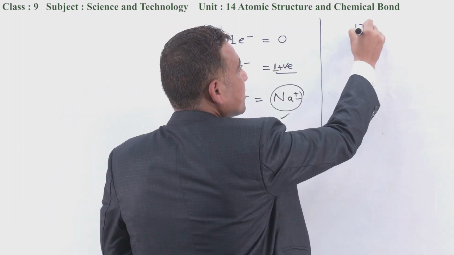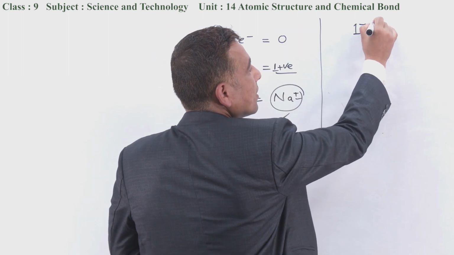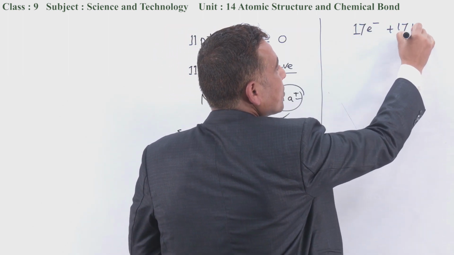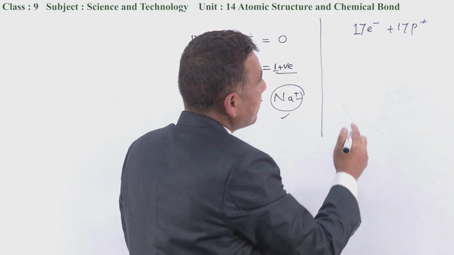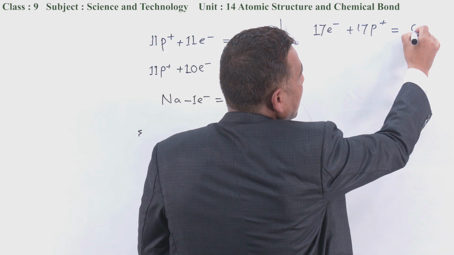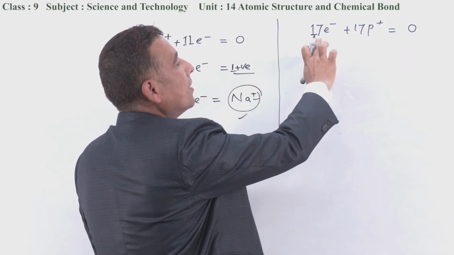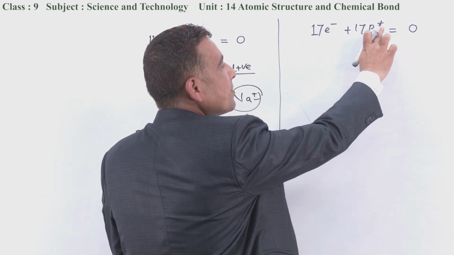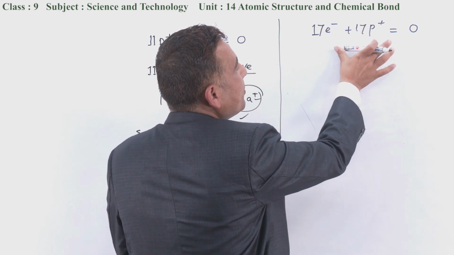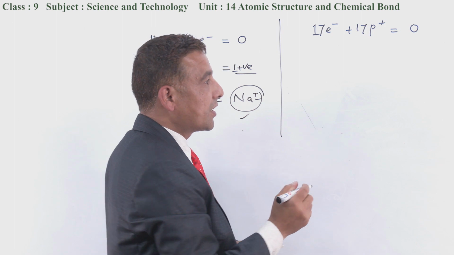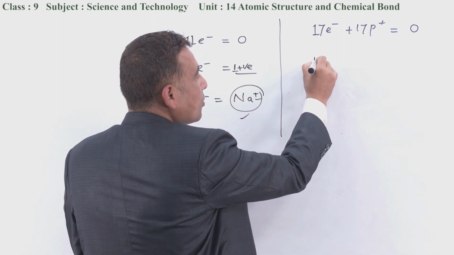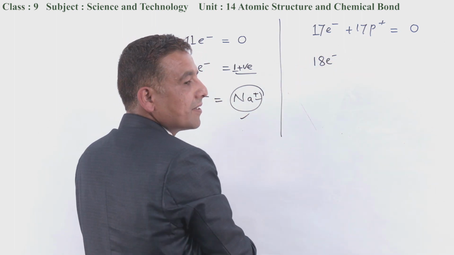There are 17 electrons and 17 protons in the atom of chlorine. Then it is electrically neutral, because the negative charge 17 and the positive charge 17 give 0. But when this chlorine atom gains 1 electron, there will be 18 electrons.